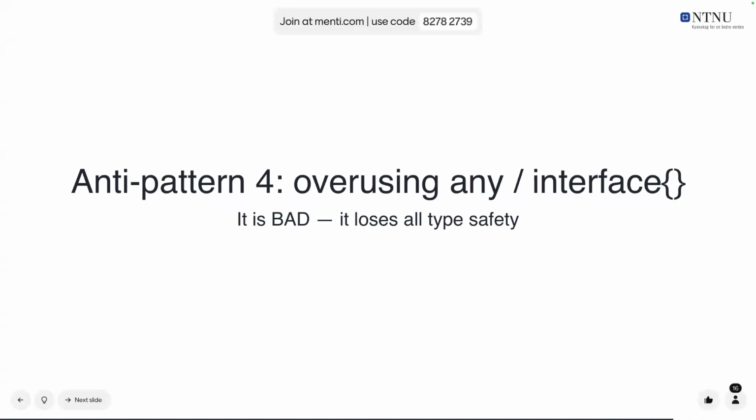And interface curly braces means the same thing. It means there is an interface, we just don't know what it is, and this one fits all possible interfaces. It's like a generic one. Anything fits this one, you can pass anything, right? So it gives you flexibility, it gives you power, but at the same time it gives you no information about what is there or should be there.